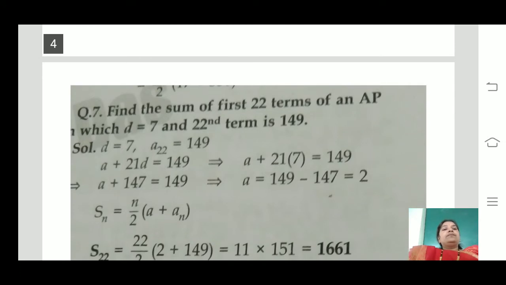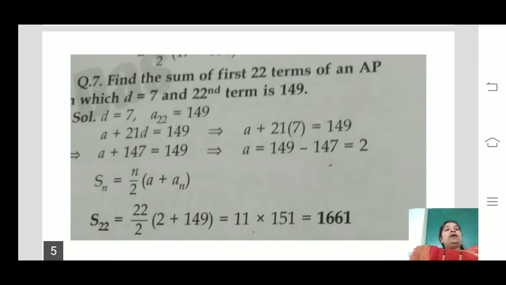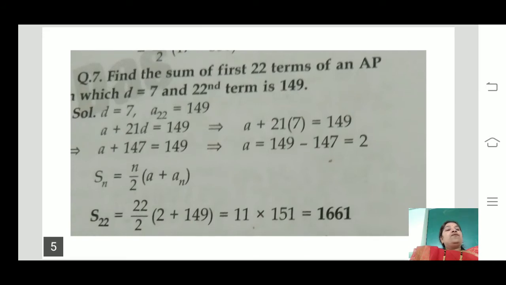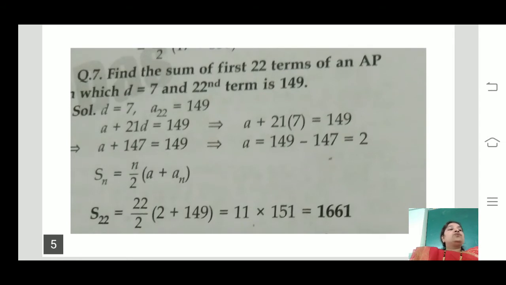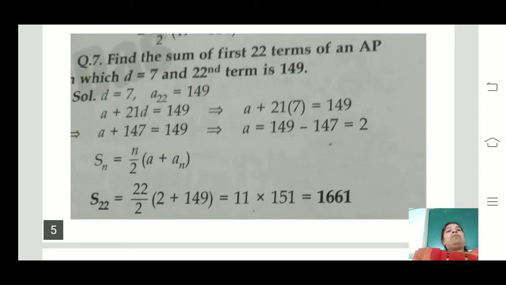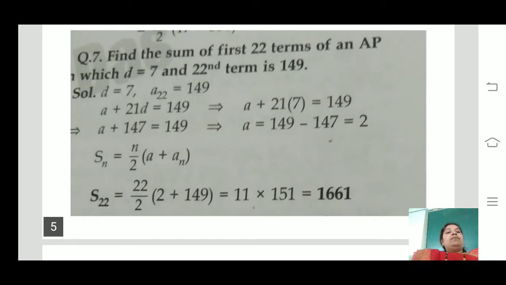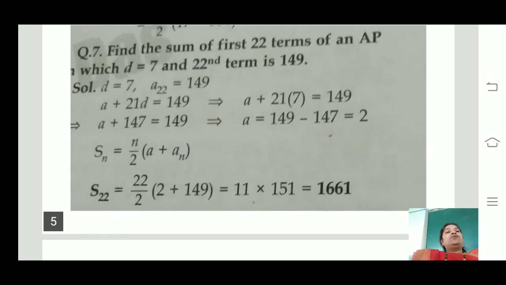Now, seventh question. Find the sum of first 22 terms, means simply we want to find S22. What is given? d equals to 7 and 22nd term, means a22, is given, that is 149. Now as a22 is given, we will use formula for an, that is a plus n minus 1 into d, means a plus 21d equals to 149, hence a will be 2.